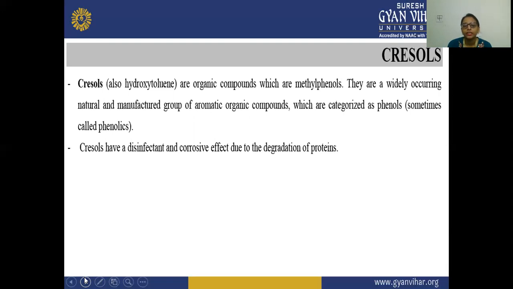They are widely occurring naturally and manufactured group of aromatic organic compounds which are categorized as phenol, sometimes called phenolics. And cresols have a disinfectant and corrosive effect due to the degradation of protein. It can degrade the protein, so it has a disinfectant property as well as a corrosive effect.